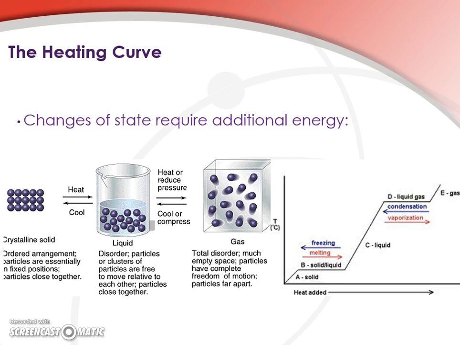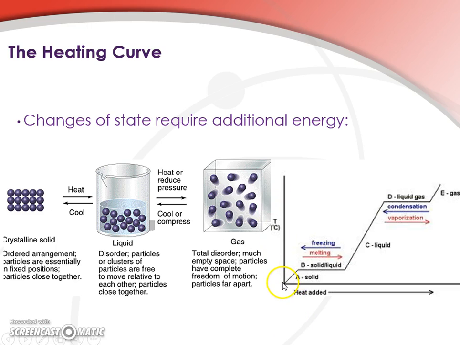So let's consider this situation where we have a change in state from crystalline solid to liquid to gas. And we have a graph of the heat added on the x-axis to achieve a temperature change on the y-axis.